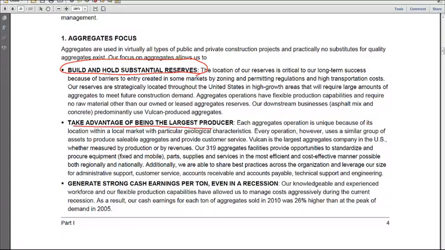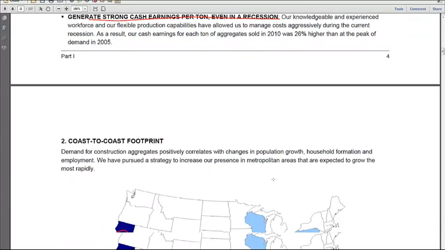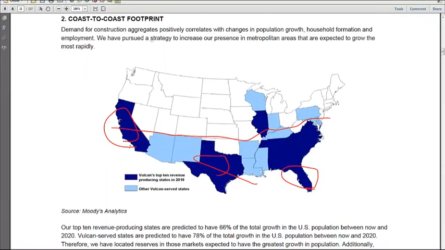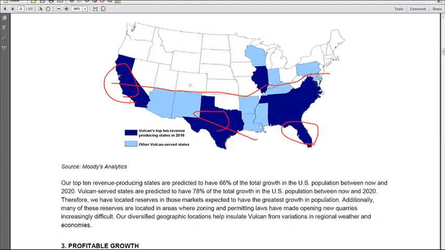They're trying to take advantage of being the largest producer, get economies of scale. Obviously, try to generate good cash flow, even in a recession, which I think is a general thing that companies try to do. But in terms of their strategy, getting back to this coast-to-coast footprint, it gives them geographic diversity.